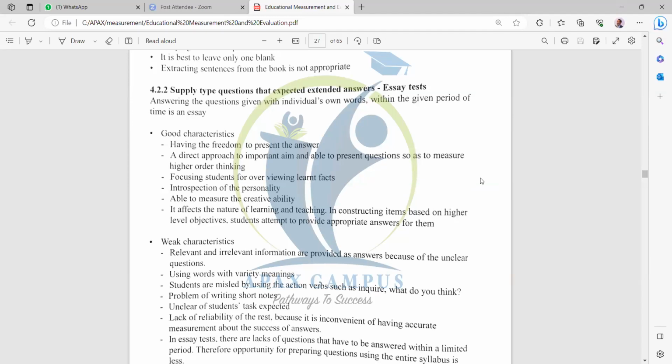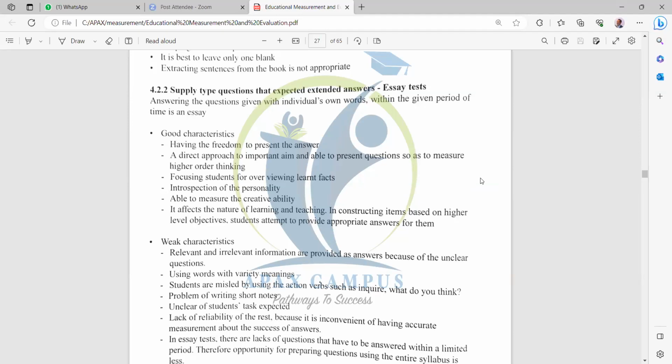We have to find questions or make questions to measure those higher order abilities like analyzing, then evaluating, creating. Those skills should be tested. Focusing students on overweaving learned facts. Right.